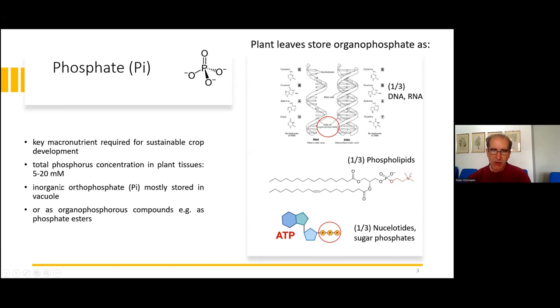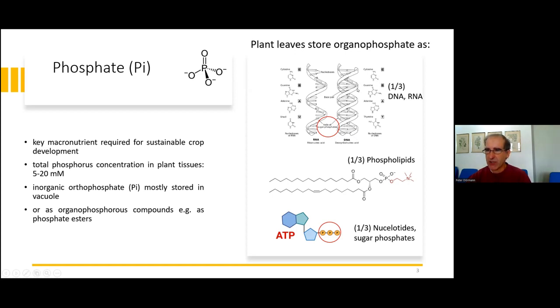We find orthophosphate like this anion here, which is inorganic, abbreviated Pi, mostly stored in the vacuole of the plant. But in addition, we have organophosphorus compounds, which means this part here bound to organic molecules. And if you look into a leaf, you can find that about 1/3 of the organically bound phosphate is bound to DNA, RNAs, nucleic acids.